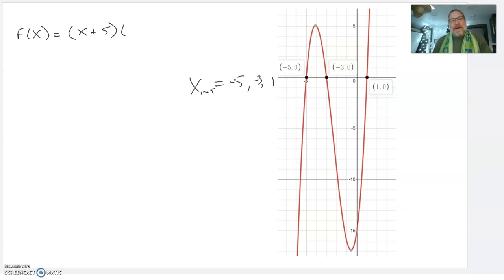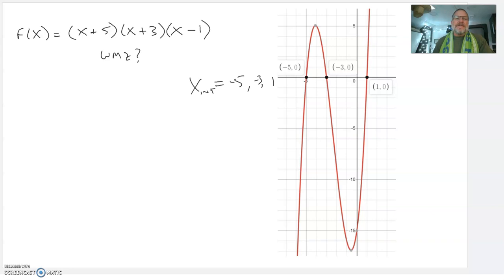Because if I have a binomial of x plus 5, x plus 3, and x minus 1, then you could see the what makes 0 question. And what I'm asking there is, what x value makes 0 out of each of the binomials? And those answers are the x-intercepts.